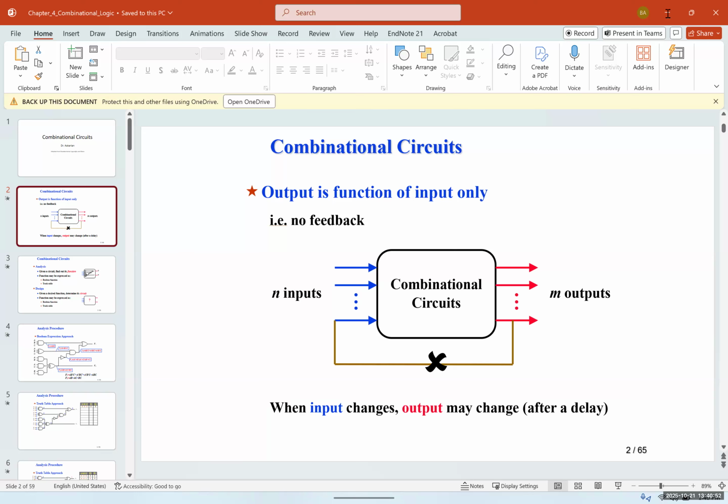Therefore, when the input changes, with a small delay, the propagation delay, which depends on how many levels of gates we have inside, the output will change as well. Obviously, for example, a buffer is still a combinational logic gate, but when you change the input, the output would not change. Okay, but still it's considered a combinational logic gate.